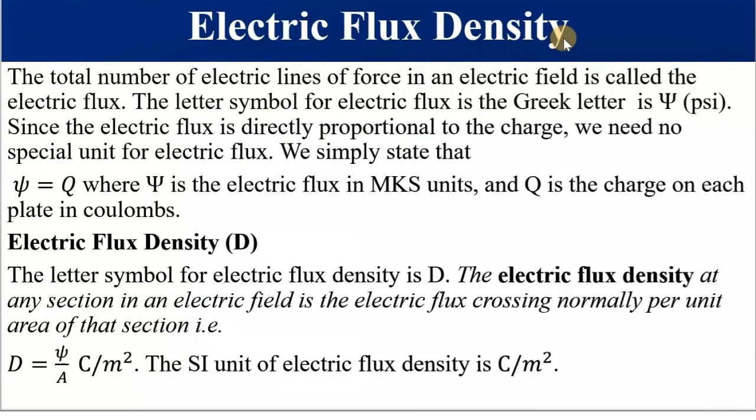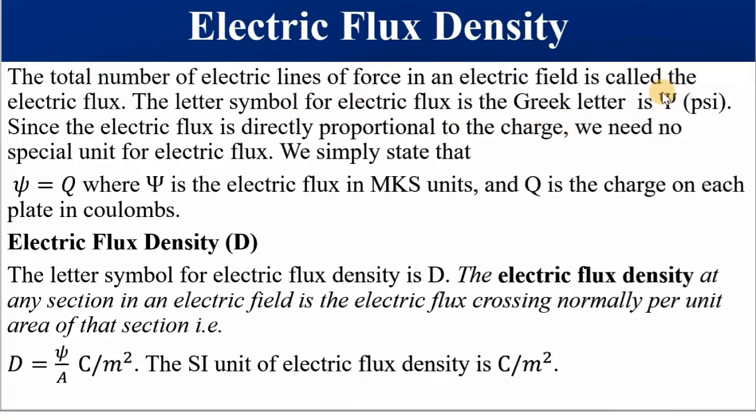Electric flux density. Guys must be able to state the formula for calculating electric flux density, but it is not a problem you are given. The total number of electric lines of force in an electric field, we have defined what electric field is, the space around a charge, is called electric flux, and the symbol is the Greek letter psi.